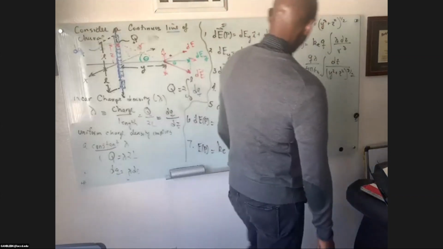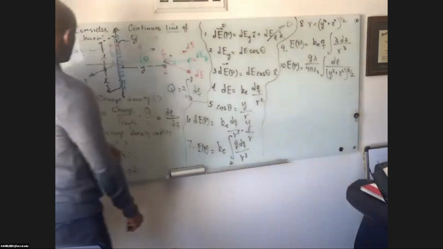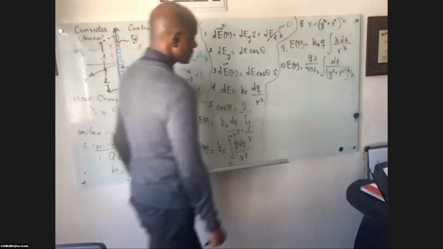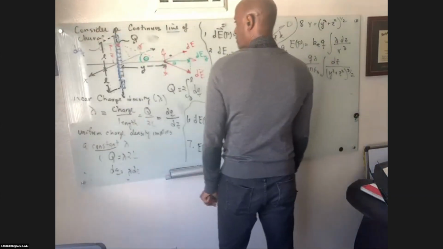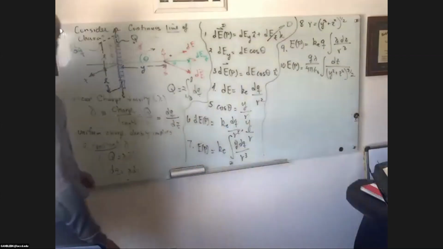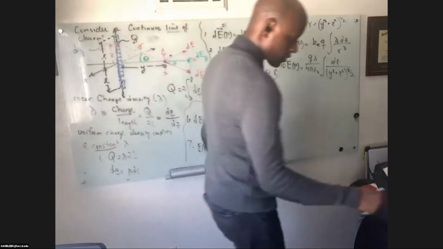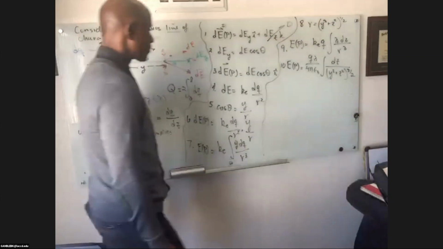So this is the integral that we have to work out, and we go from minus L to L. In this case, you could do 2 times half: go from 0 to L and multiply it by 2. Or you could just go from minus L to L. Either way, you'll get the right answer.